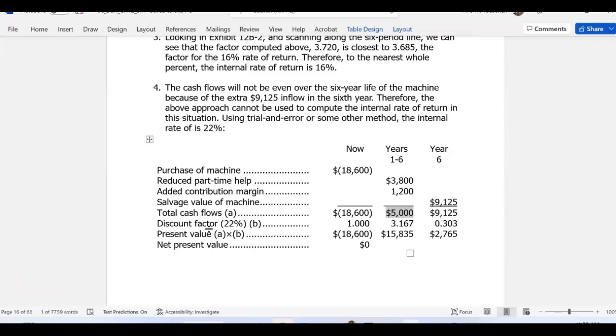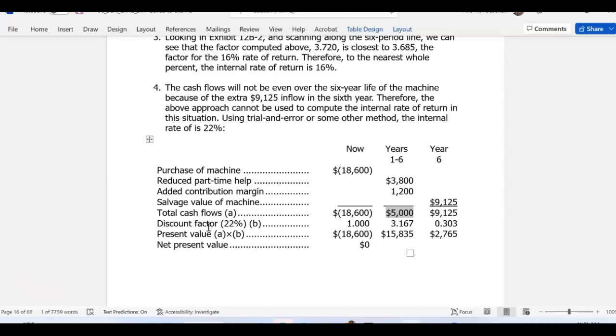So you start from 16%, then 17, then 18, then 19, then 20, then 21, then 22, and try all these factors one by one to see which factor will give you a net present value of 0. As soon as you get a net present value of 0 with a specific factor, that is your internal rate of return. So in this situation, let's say we tried 16, 17, 18, 19, 20, 21. None of them gave us a present value of 0.